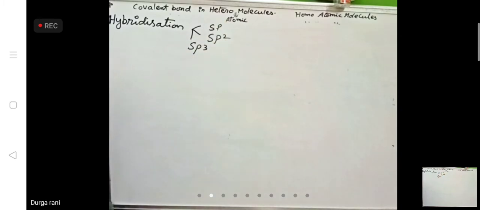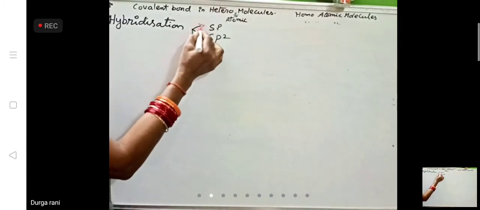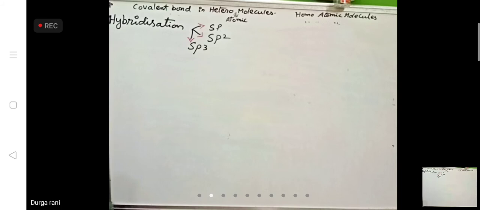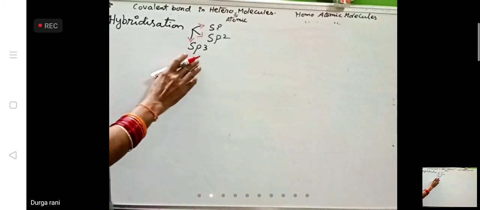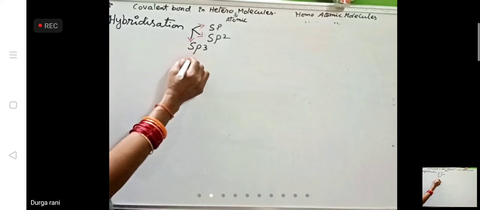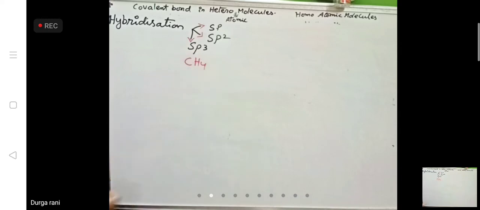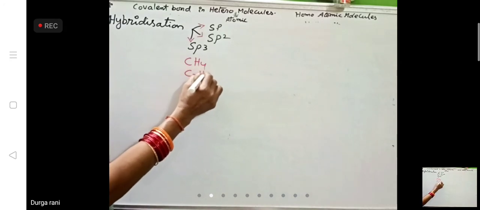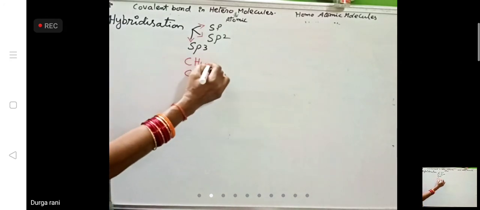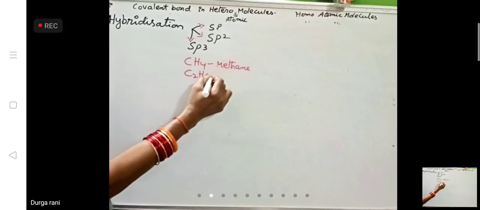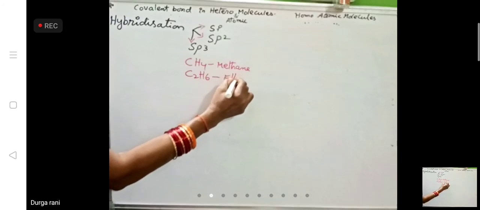One is sp, the second is sp2, the third is sp3. Is it clear? For sp3 hybridization, one example is the CH4 molecule, and C2H6. This is what is called methane, and this is ethane.